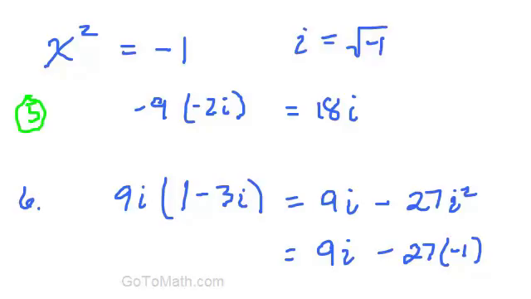Think about this: if you're trying to solve for this equation, you'd have to square root both sides. So we'd end up with x is equal to the square root of negative 1. Well, what is x? By the definition, in this particular case, x would be i.